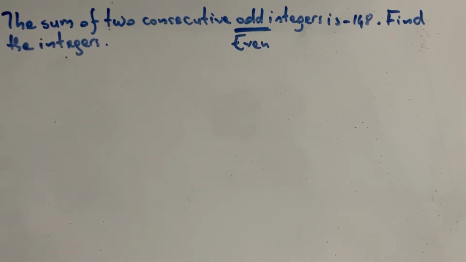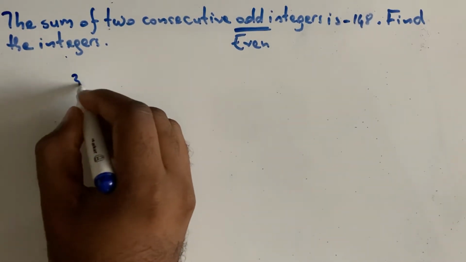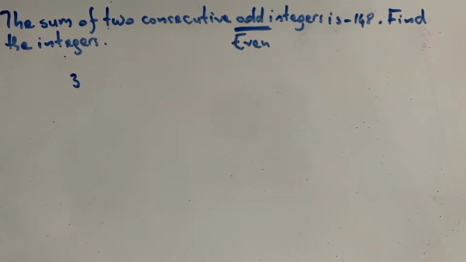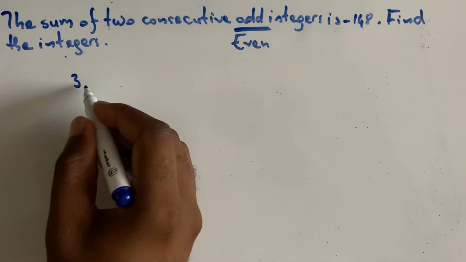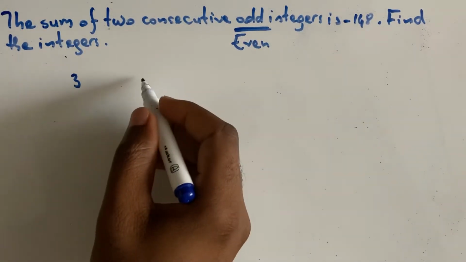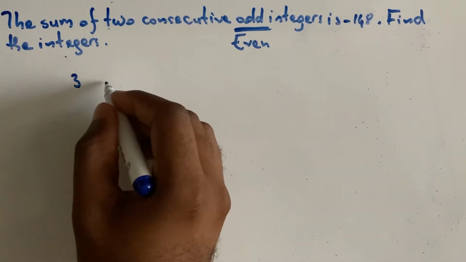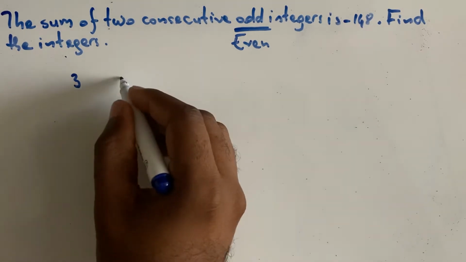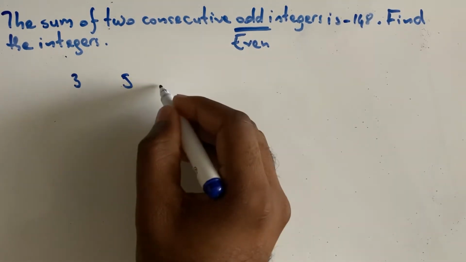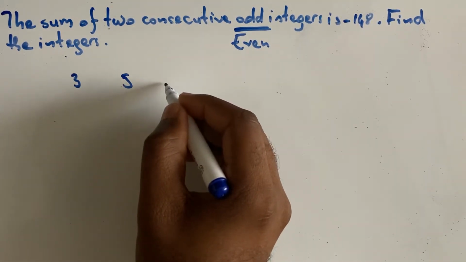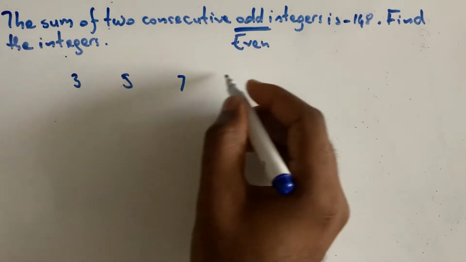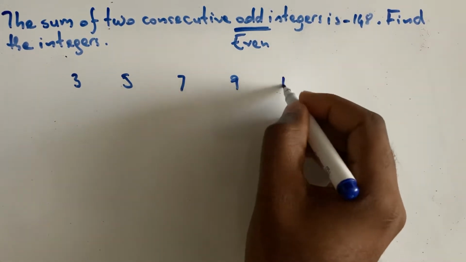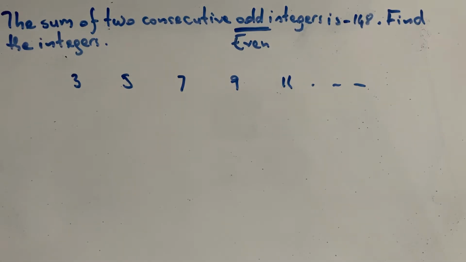So let's say you started with 3, which is an odd integer. The next odd integer would be not 4, but 5. Then the next one won't be 6 because 6 is even. It would be 7, then 9, then 11. Then you keep going. So keep that in mind.